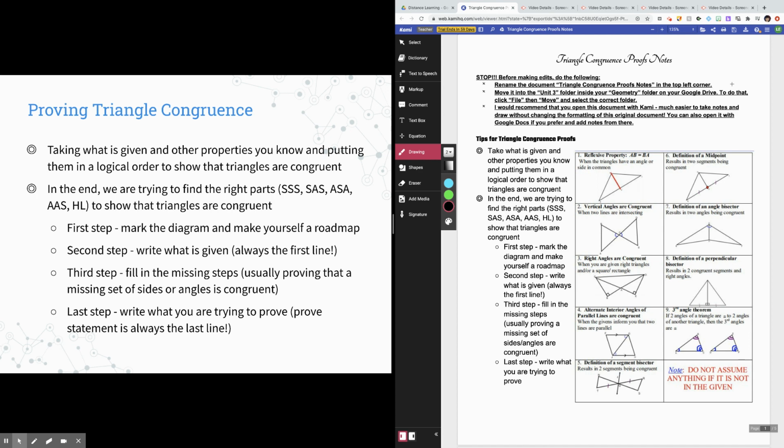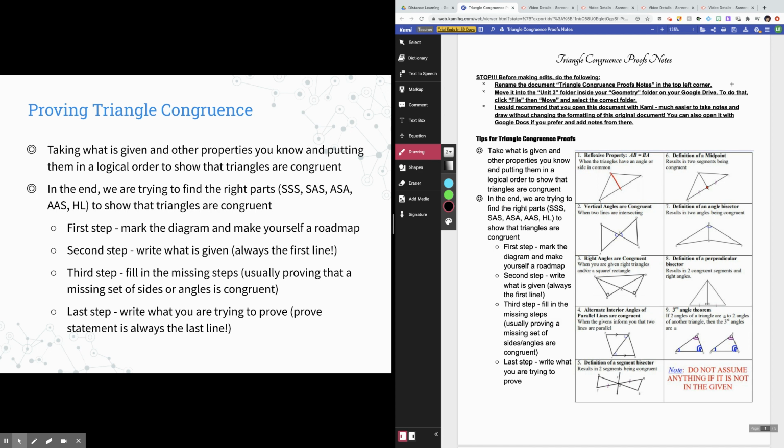So when you are doing triangle congruence proofs, you're basically just doing that, except we're writing it out in a very logical step-by-step manner and making sure that we justify all of our steps, okay? So we're essentially taking what is given to us in the problem and other properties that we know based on the diagram, or based on definitions and things that we know about geometry.